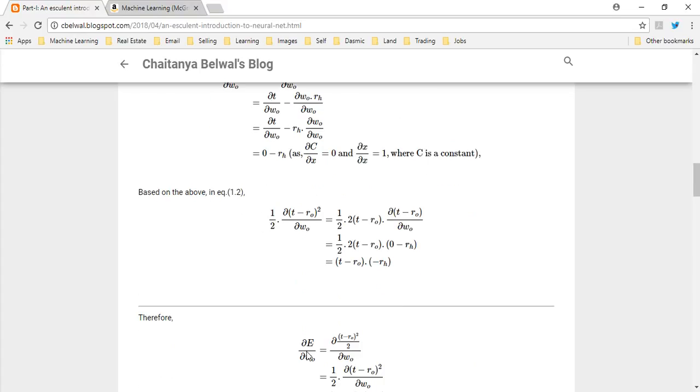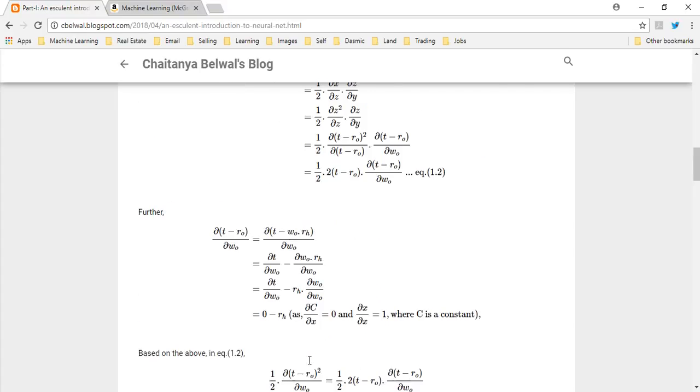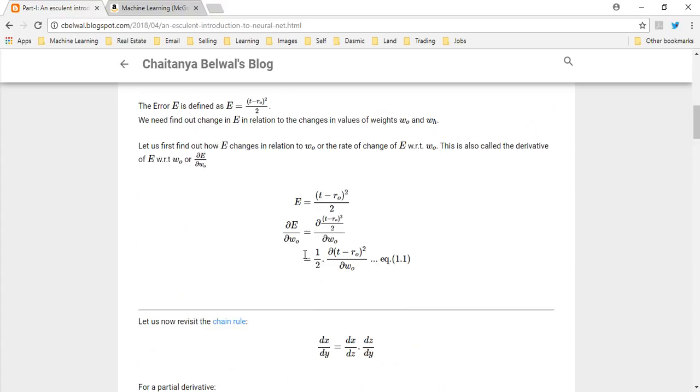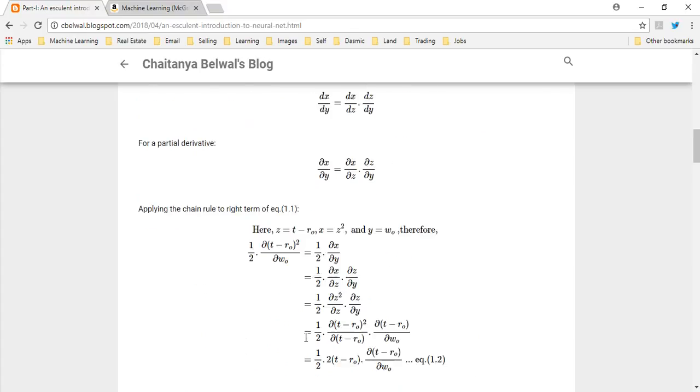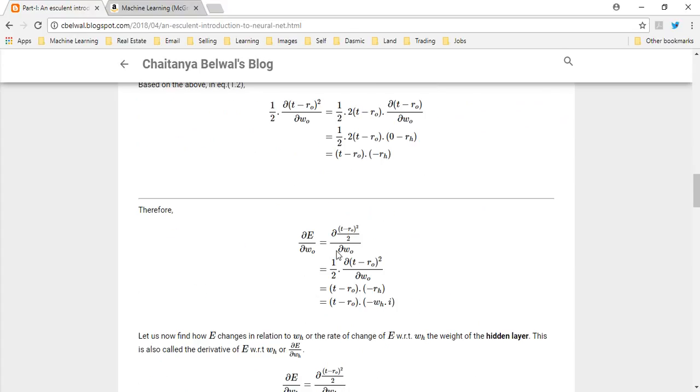Therefore, if you look at the original equation where we try to find the partial derivative of E in relation to W0, which is the equation that we gave in the very beginning, this one, we turn it into this term over here, and this whole term is the value of the rate of change of E in relation to W0.